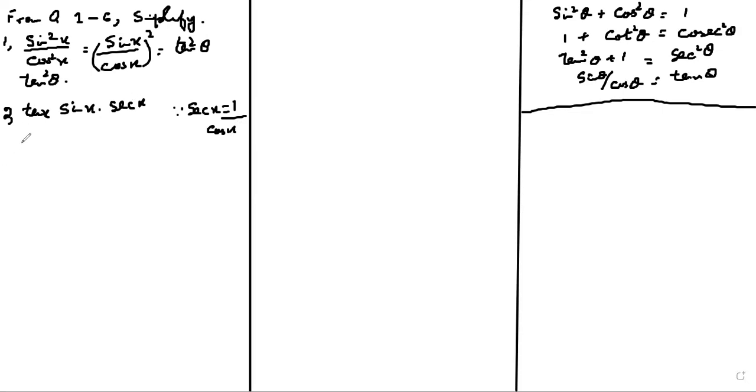So it is tangent x, sine x, and 1 over cosine x. Now we may write it as tangent x times sine x over cosine x, or tangent x times tangent x.